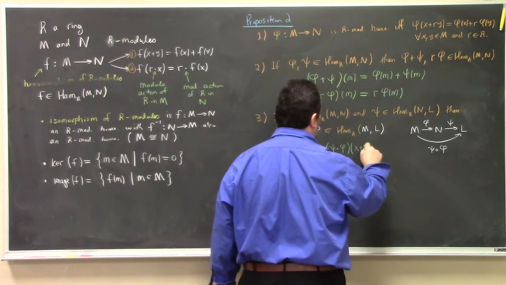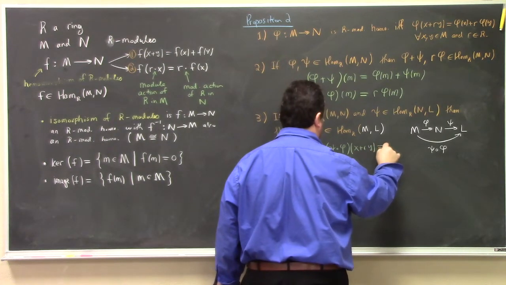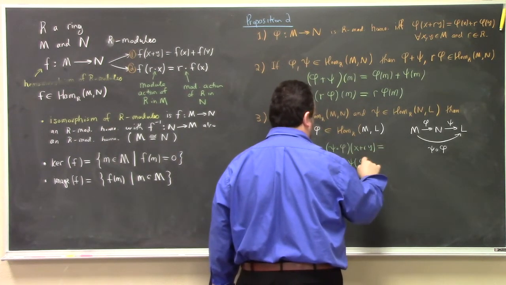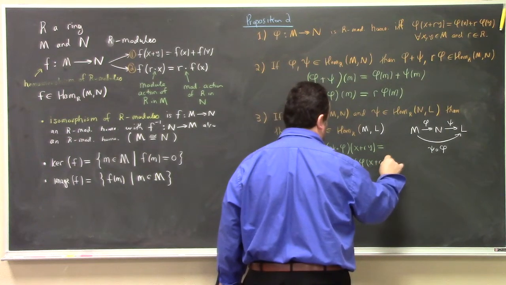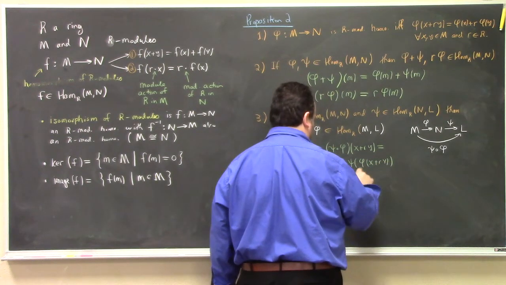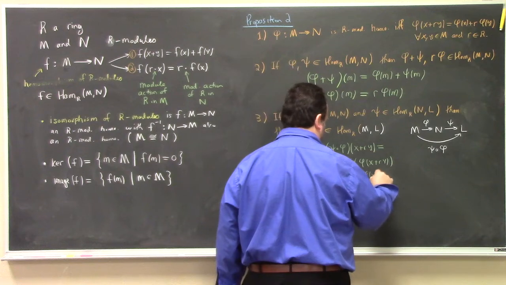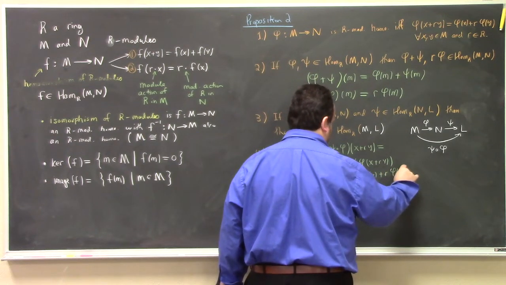Look at x plus ry. That gives us psi of phi of x plus ry, which gives us psi of phi of x plus r phi of y, applying 1.